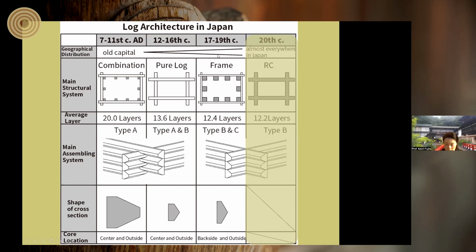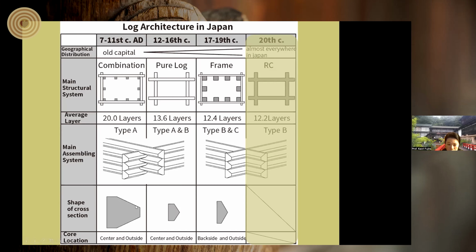But afterwards, closer to the present day, the log system became a part of the frame system, or the log wall became only an exterior wall, and the load system is supported by the frame.